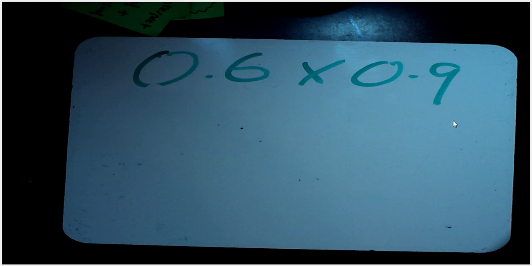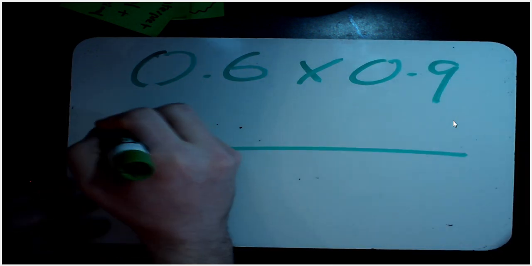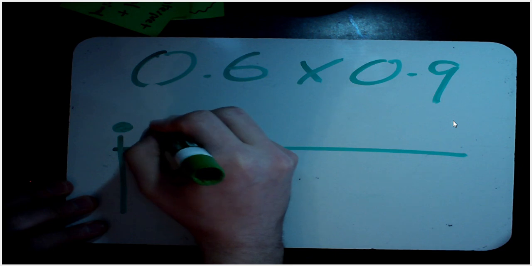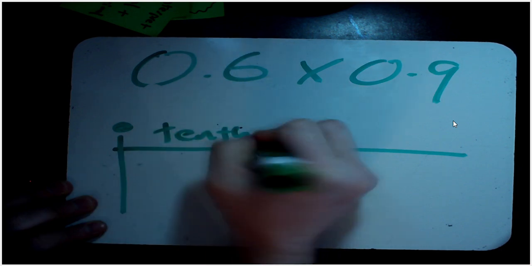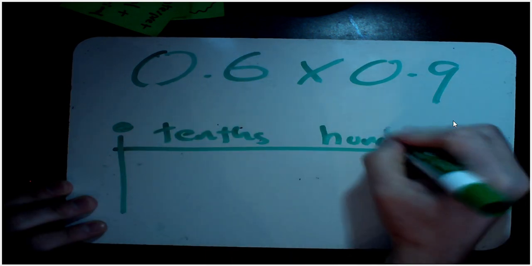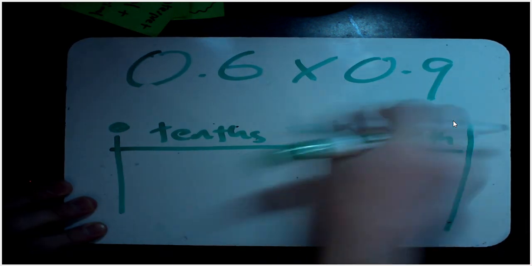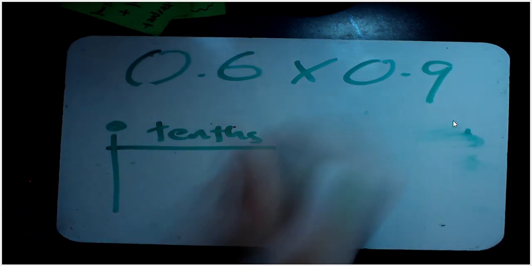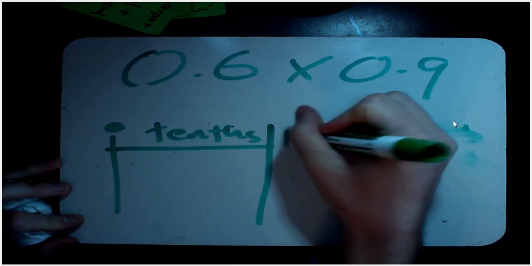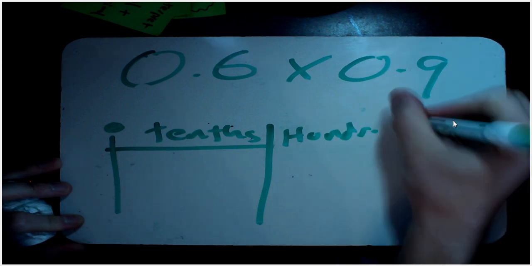So the first step I'm going to do here is rewrite these as fractions. We haven't done a lot of fraction to decimal work. Remember our decimal place value chart. Here is my decimal point. We would have our tenths, hundredths, and then thousandths.